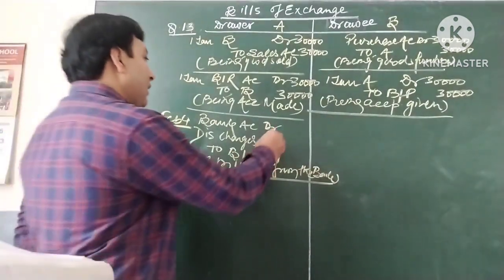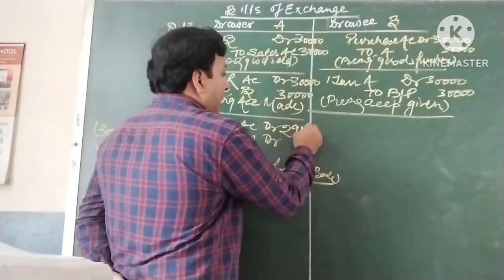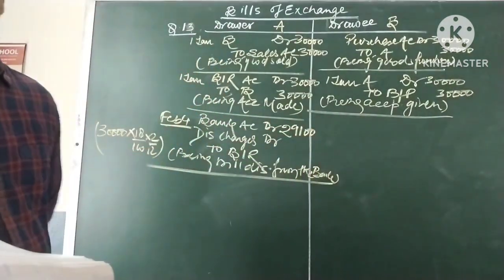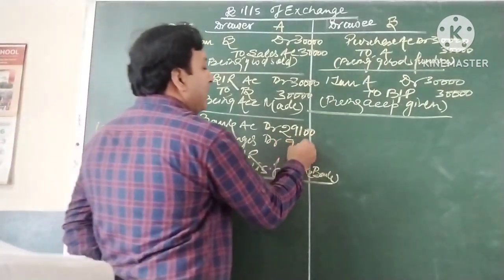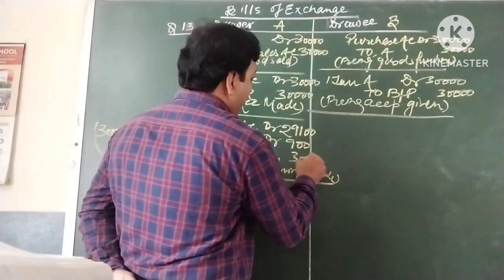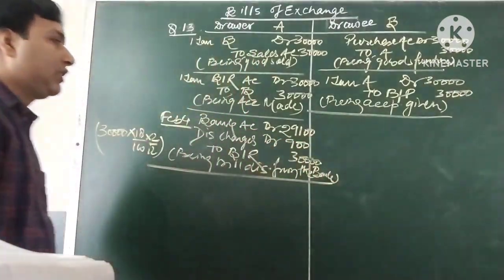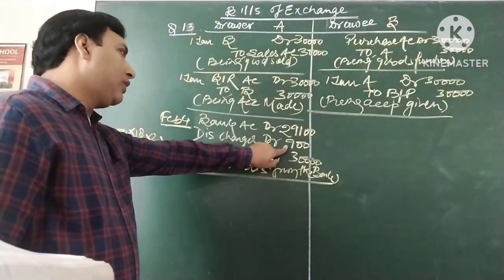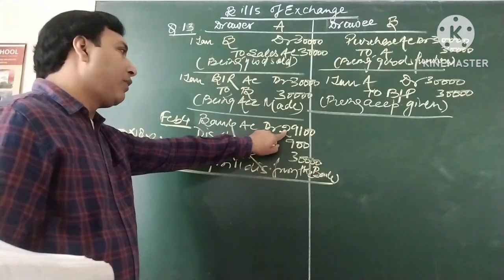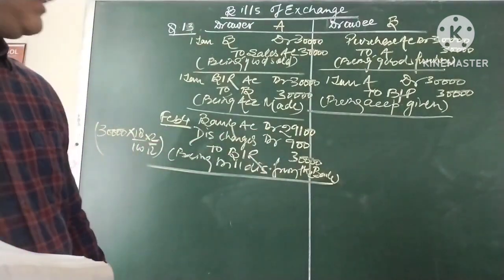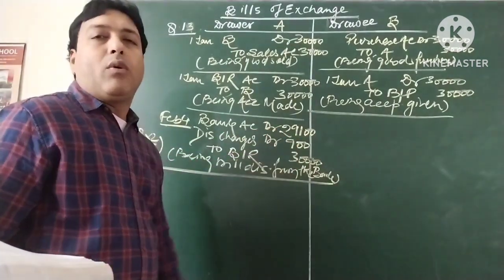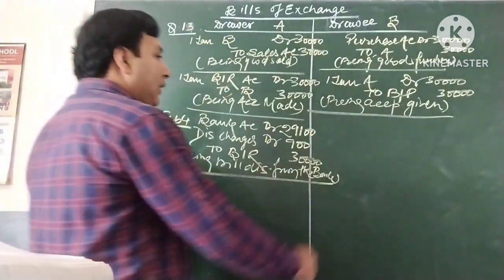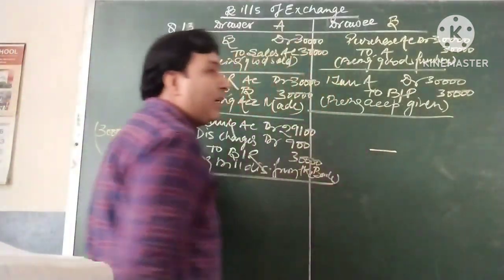So discount 900, and 29,100 bank provides. 30,000 मिलना था लेकिन 900 आपको डिस्काउंट चार्ज करके बैंक आपको कितना प्रोवाइड कर रहा है? 29,100. नाउ क्या बी में एंट्री होगी?